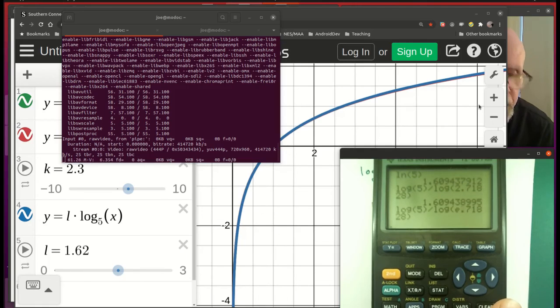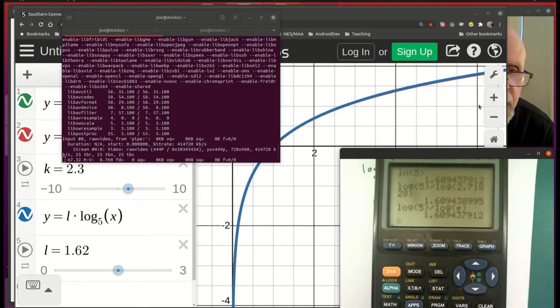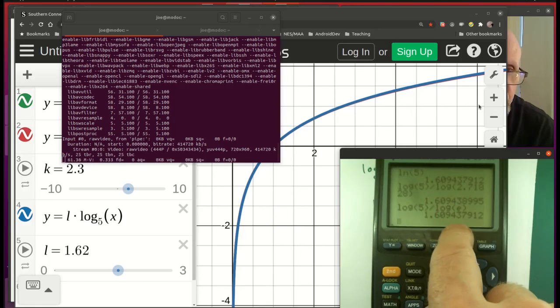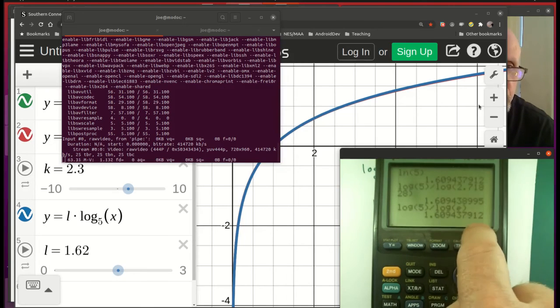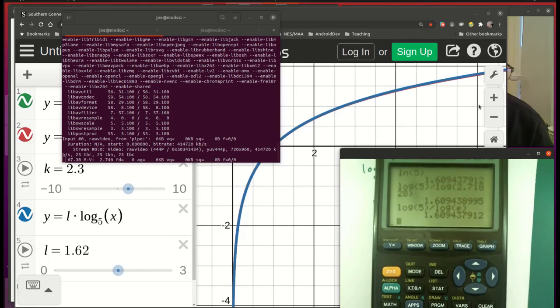Second in that, and then that should do the trick. Now you see that's exactly the same, 1.609437912. So if you want base any power logarithm, you can use this change of base formula.